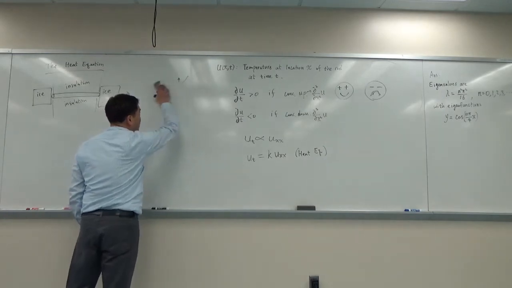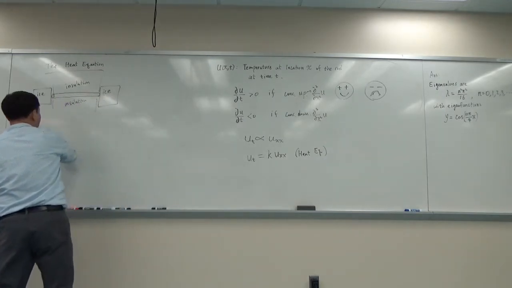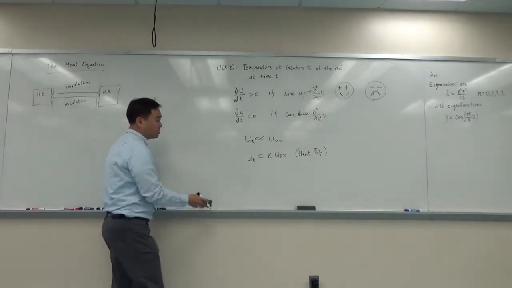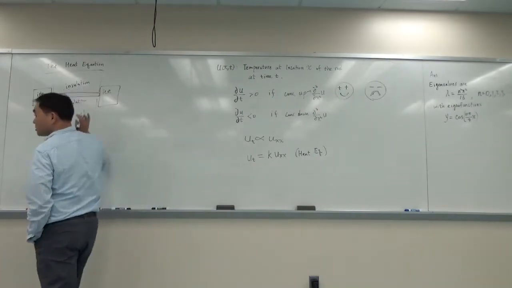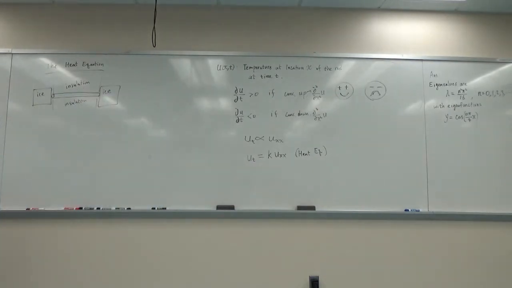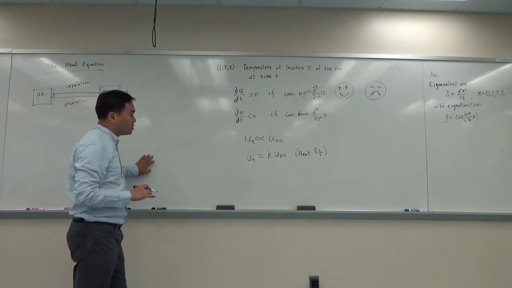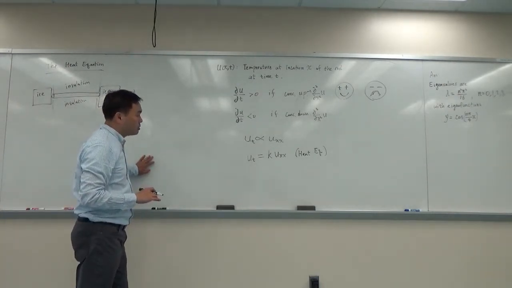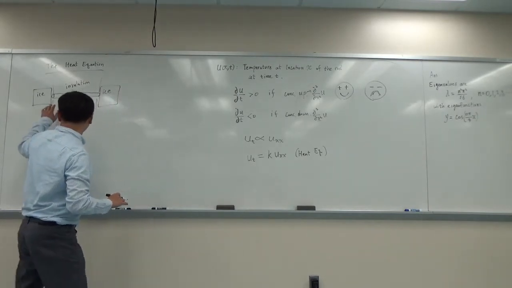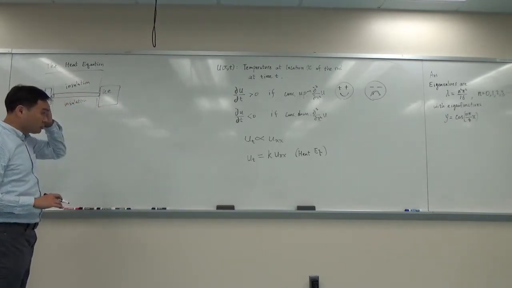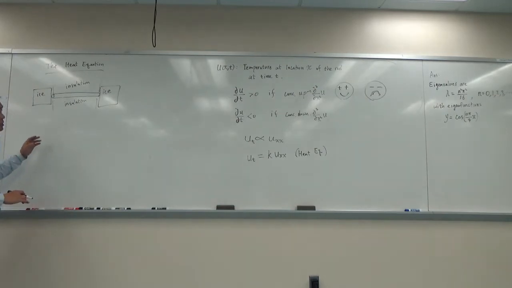Now, once you are convinced that this will be the governing equation for this one-dimensional rod, you can continue on to describe the other parts of the equation. So here's the full description of this system.